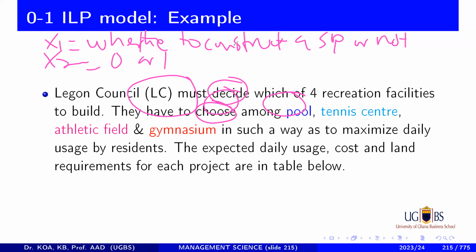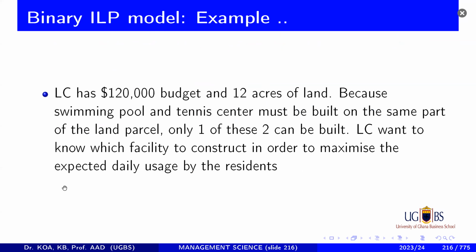So 10 people can come and use the whole thing, not 10 times, but maybe 50 times. It means each one may have come 5 times in the day. So keep that in mind. That's what we are going to maximize, the daily usage. But you got to understand in principle what you mean. When you speak of some of these things, it's critically important that you know exactly what you mean.